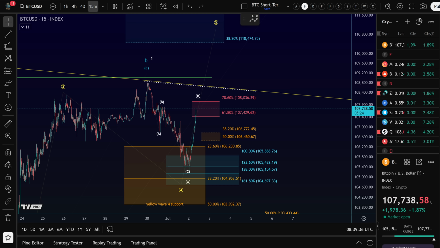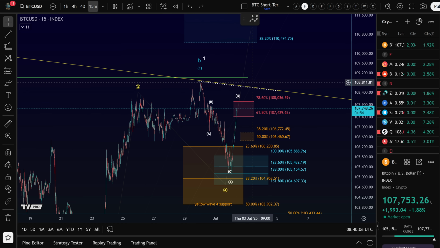While this is a standard resistance area for a B wave, it's not a final target, because B waves don't really technically have targets. Sometimes B waves overshoot, and especially if the A wave, as in this case, is a 3-wave move, there is a strong potential that the B wave actually does overshoot. It's just something to keep in mind, especially with momentum like that.